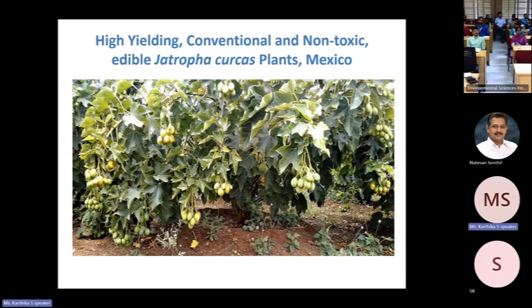That we found out there is no toxicity. Phorbol ester is the toxicity. Very nice yield. The plant and the fruit and seeds, everything appears similar to the toxic variety. But the phorbol ester, the mutagenic component, is almost completely nil, very residual, not attractive. They are consuming the oil, they are preparing all the materials.